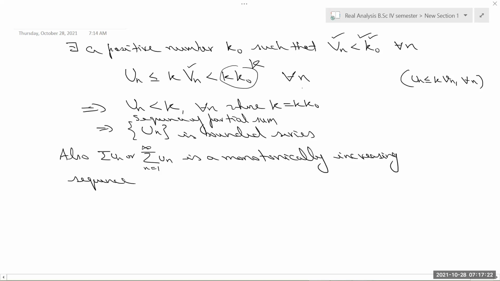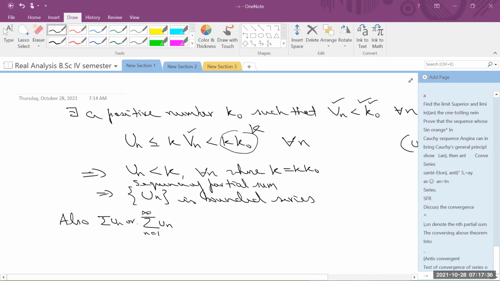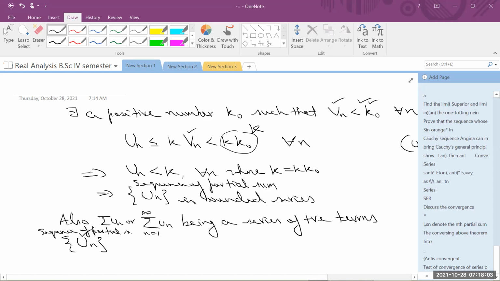let me write it clearly. Since this is a series of positive terms, the sequence of partial sums is monotonically increasing, and this I have already shown earlier.